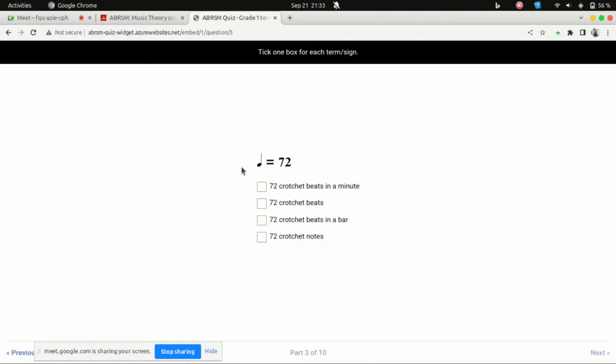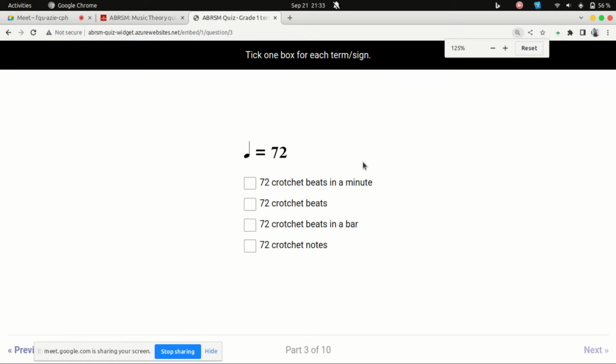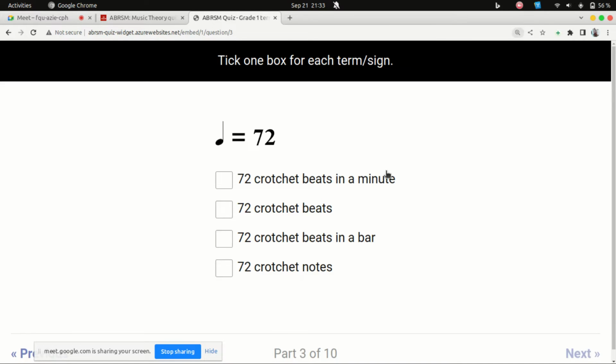And then we have this. Are you able to see, Amani? Zoom in. I think it's 72 crochet beats in a minute.